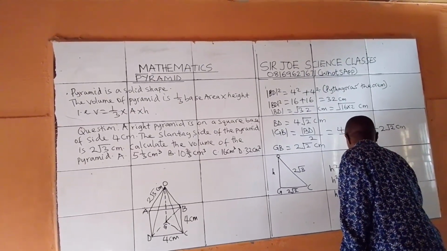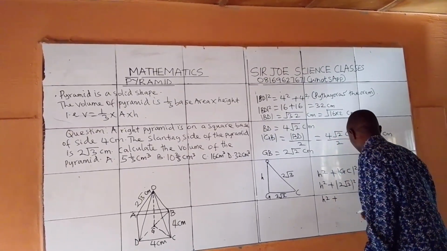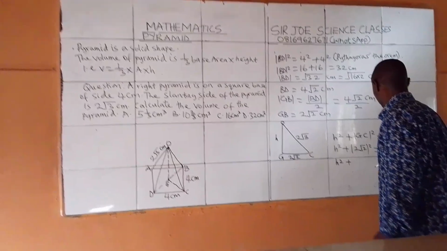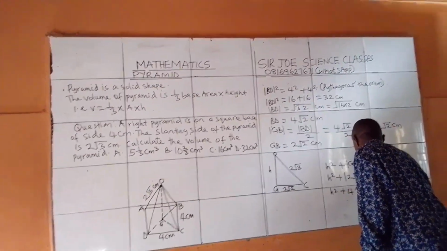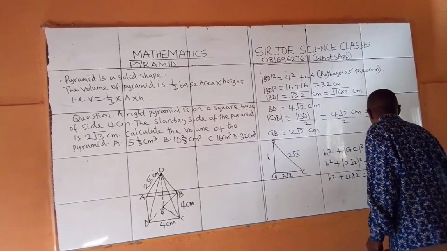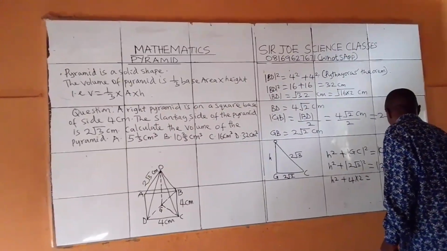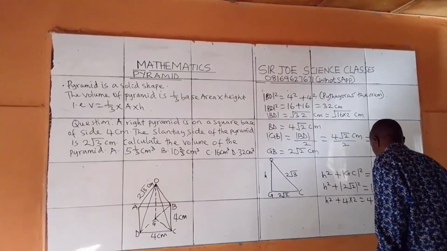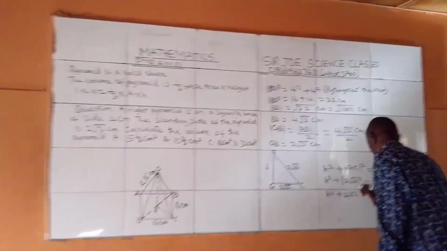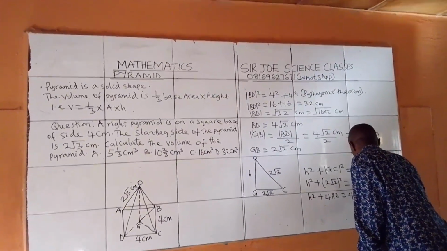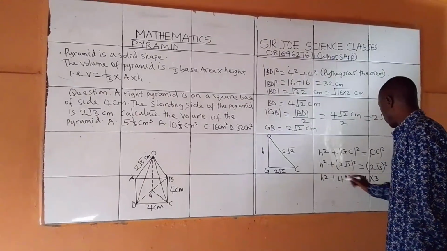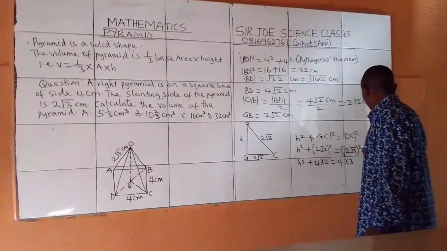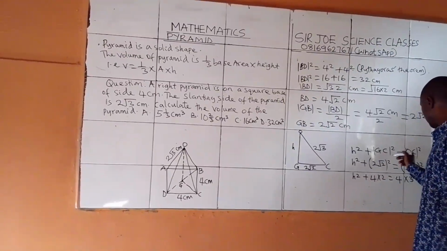So we now have h squared plus 2 root 2 squared. 2 squared means 2 times 2, so we have 4.